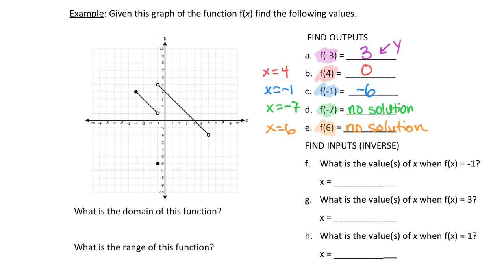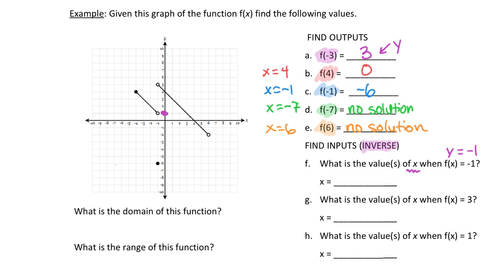For the next section, we're actually going to find those inputs. So we want those inverse functions. In this case, what we're going to do is find the values of x when f of x, remember that's y, when y equals -1. So let's go to our graph.